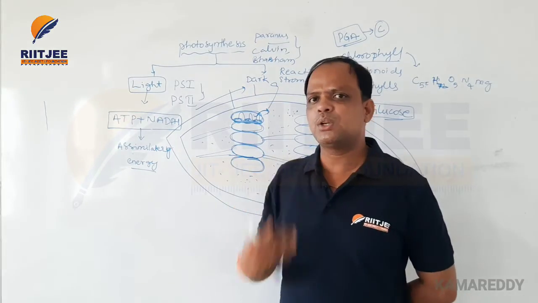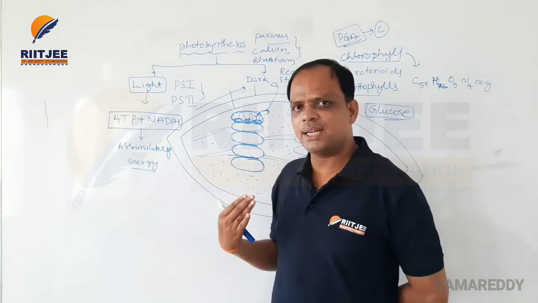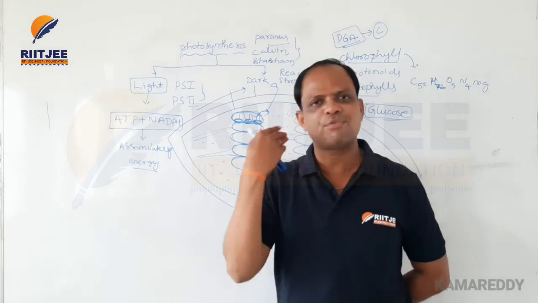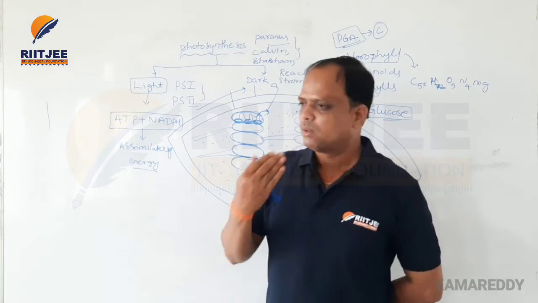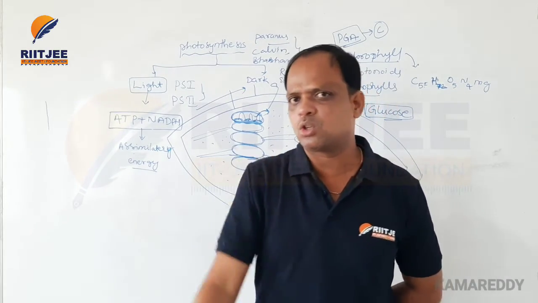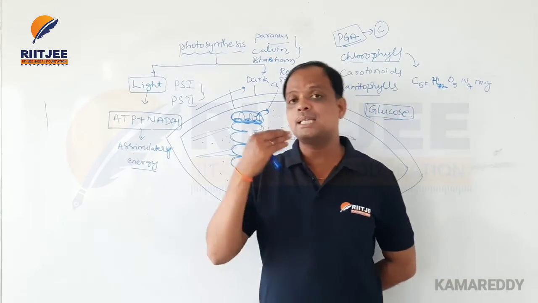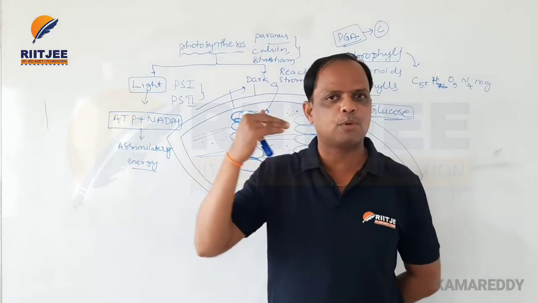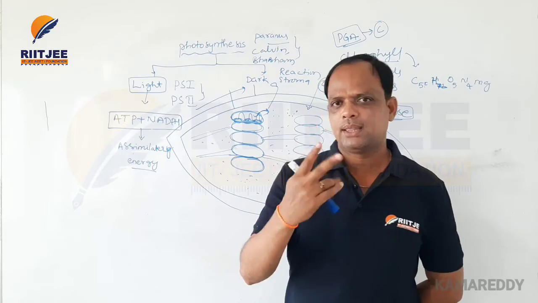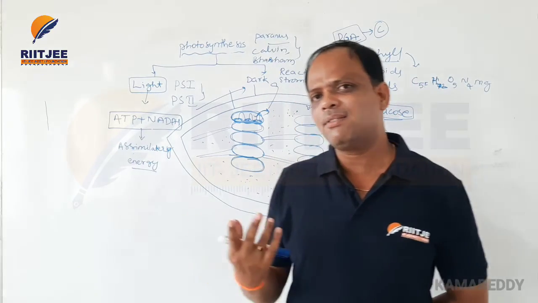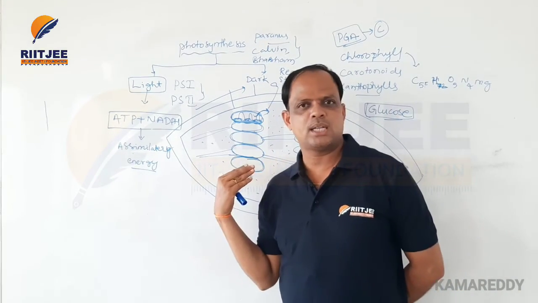The autotrophic nutrition can again be divided based on the source of carbon and sunlight: photoautotrophic organisms and chemoautotrophic organisms. The second one is heterotrophic organisms.